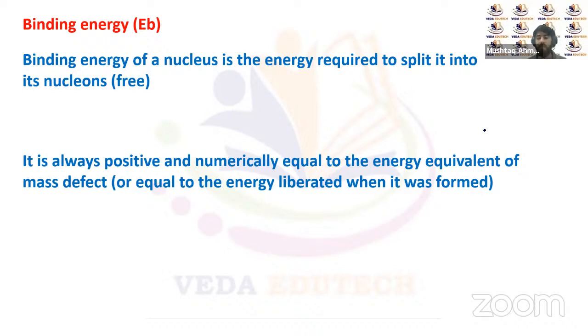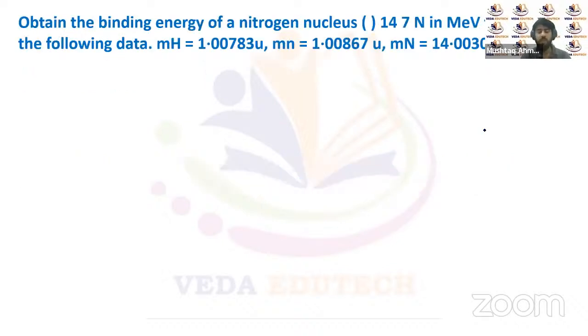And this binding energy will be equivalent to the energy of the mass defect. If delta m is the mass defect, then the energy equivalence will be delta mc square, which will always be positive and numerically equal to the mass defect. This much energy we call binding energy, and it is what binds the nucleus.